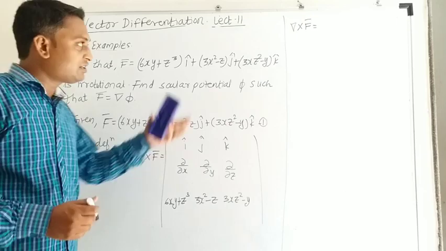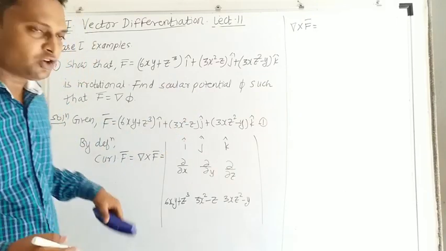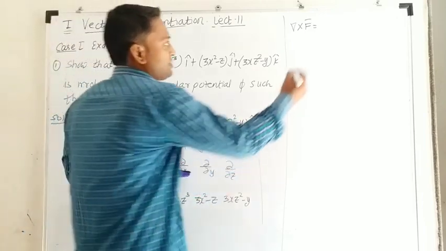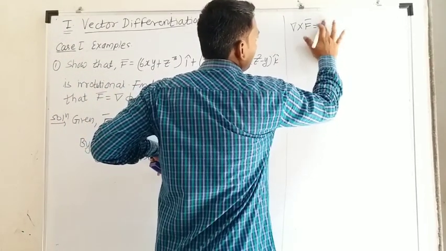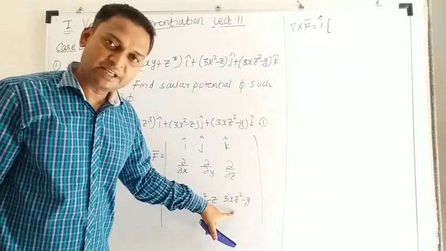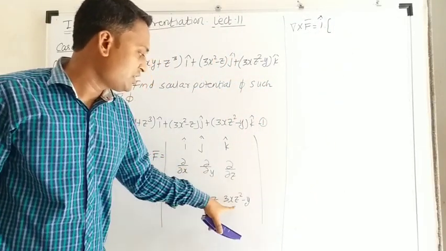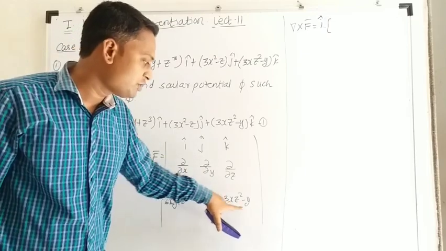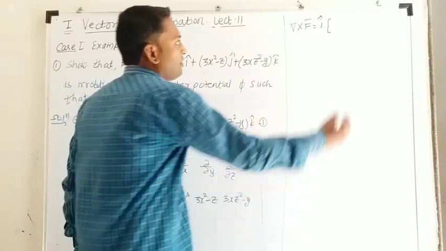Now, how are you going to do the calculation while writing the terms? You can save your calculation in this way. First is i into del by del y of this, that is, the partial derivative with respect to y. If you differentiate this with respect to y, this term doesn't contain y, so its derivative will be 0. The derivative of minus y will be minus 1.